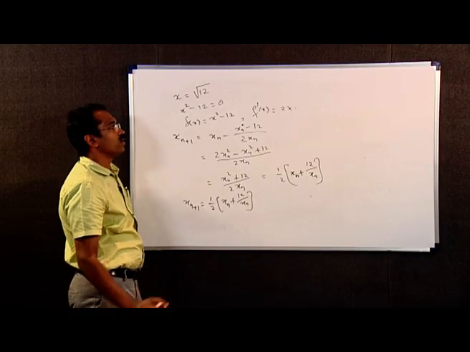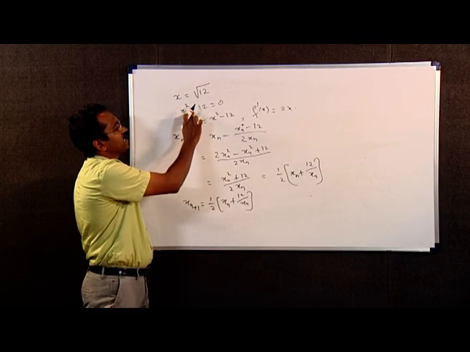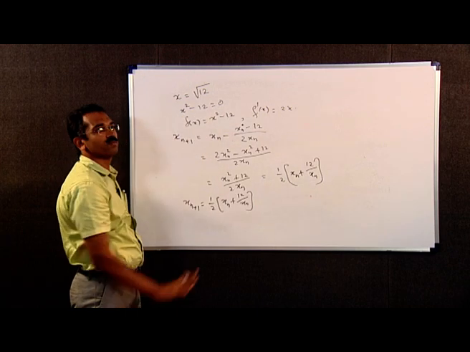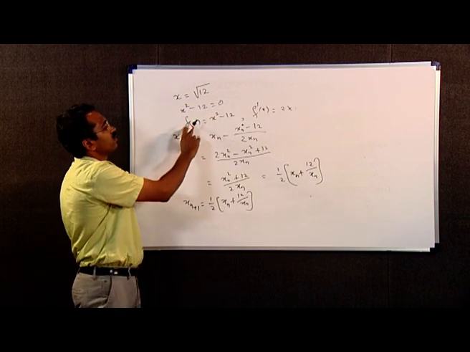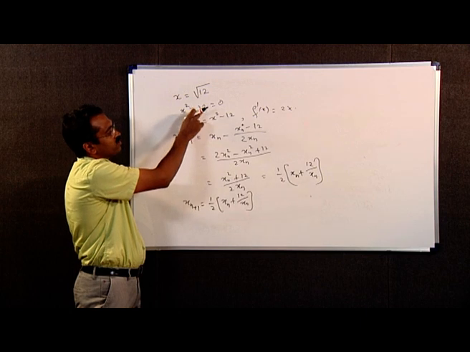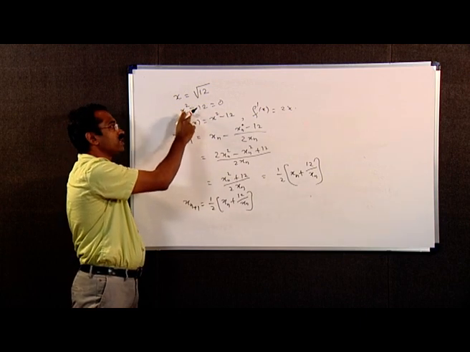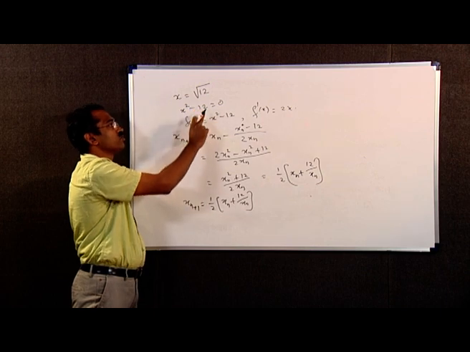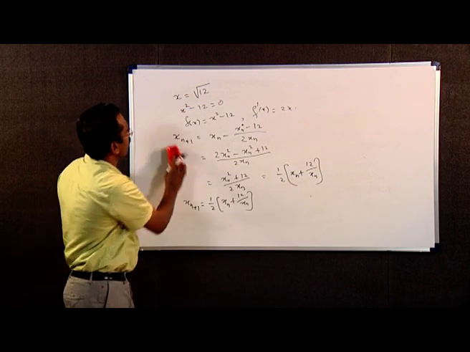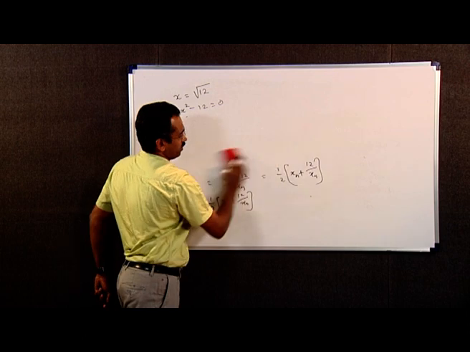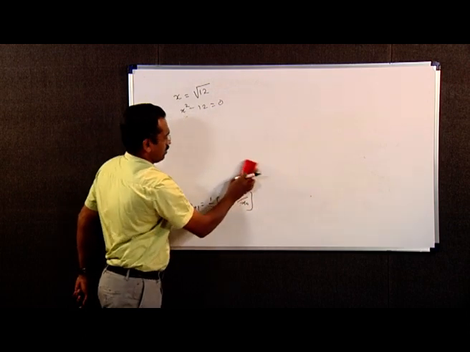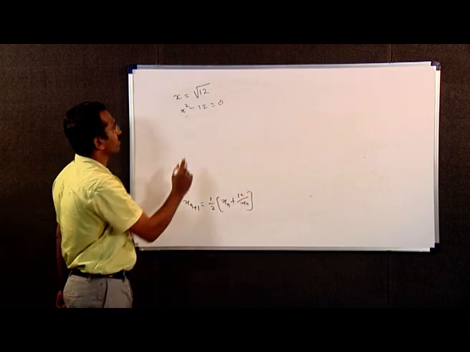Now, if we put x equal to 0, we will get minus 12, which is negative. F of 0 is negative, f of 1 is also negative, f of 2, that is 4 minus 12, is negative, f of 3 is 3 square minus 12, negative. We will find an interval of approximation.